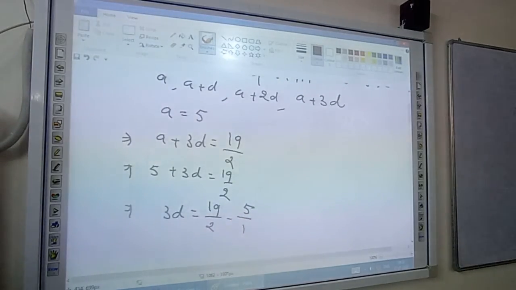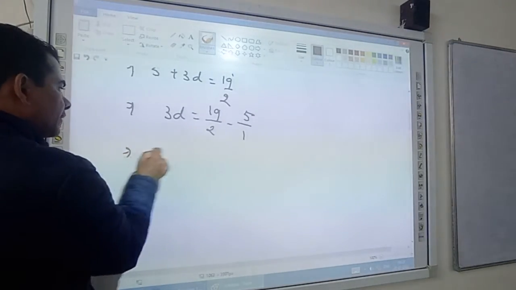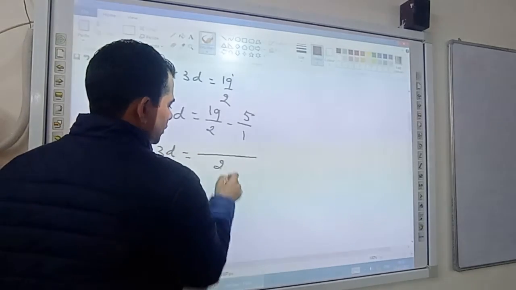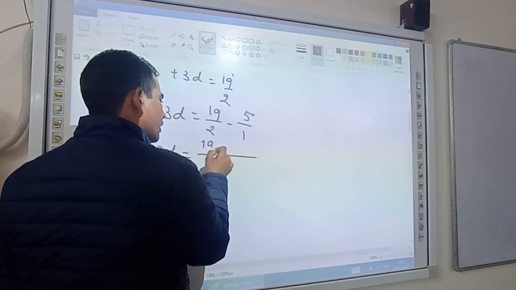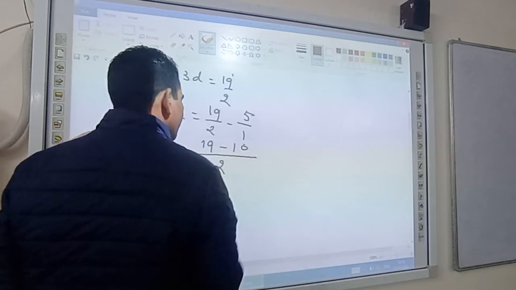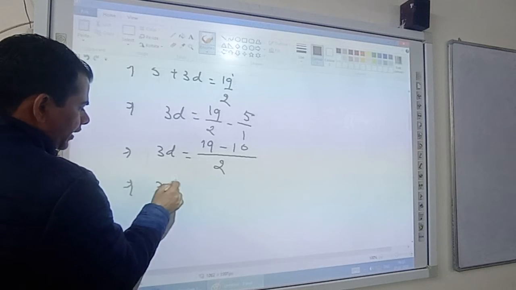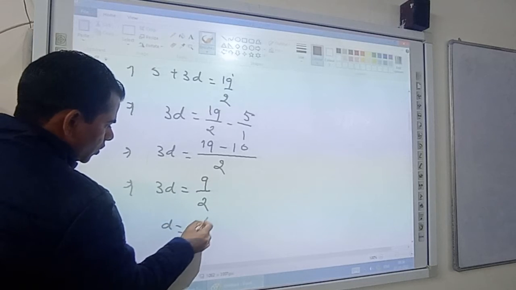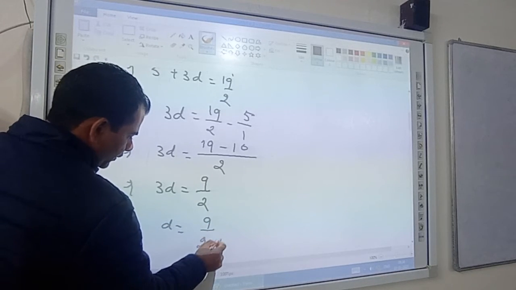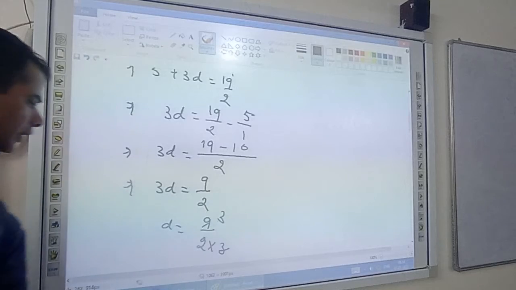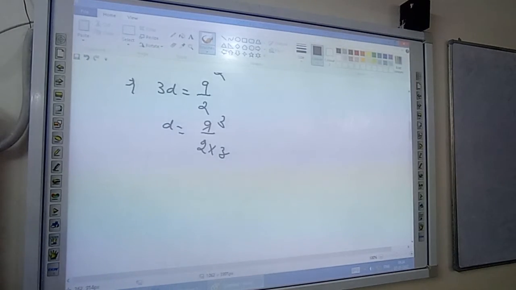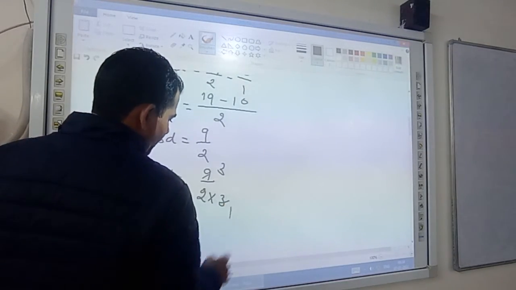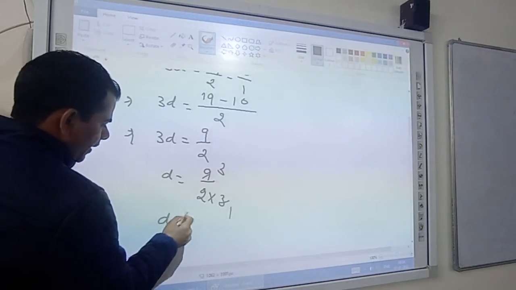LCM is 2. 3D is equal to 9 by 2. And D is equal to 9 by 2 divided by 3. D is equal to 3 by 2.